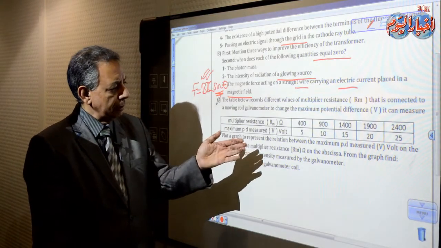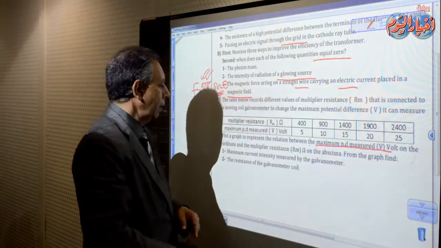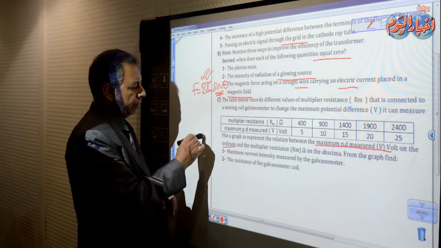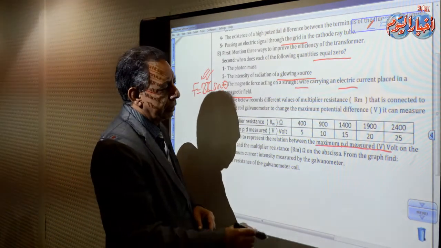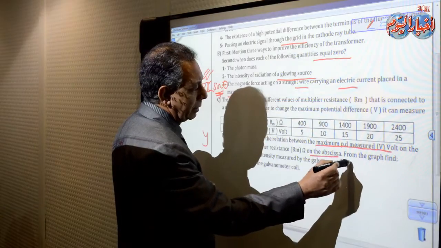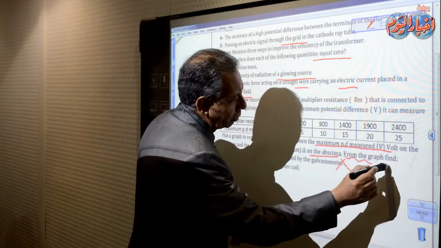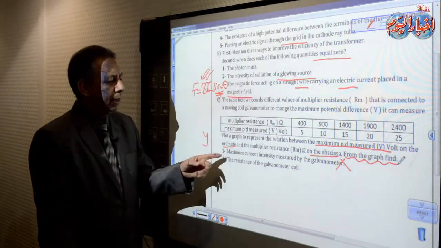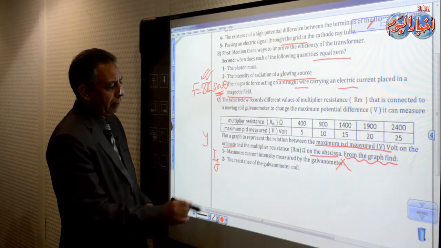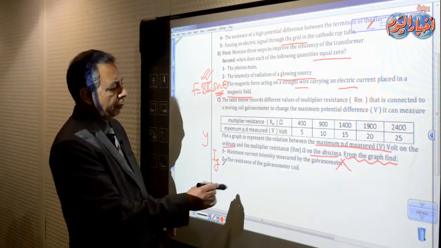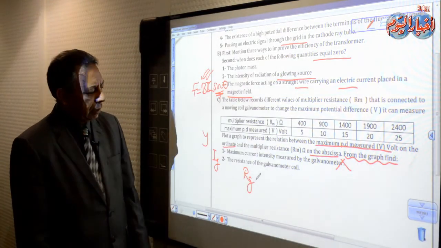Plot the graph representing the relation between maximum potential difference V on the ordinate, y-axis, and Rm, the multiplier resistance, on the abscissa, x-axis. From the graph, you need to find the maximum current intensity measured by the galvanometer, Ig, and the resistance of the galvanometer, Rg.